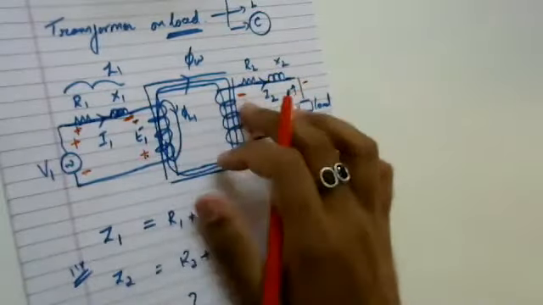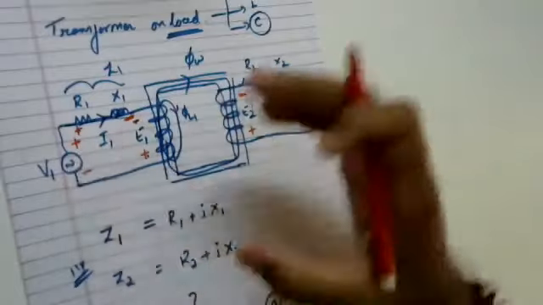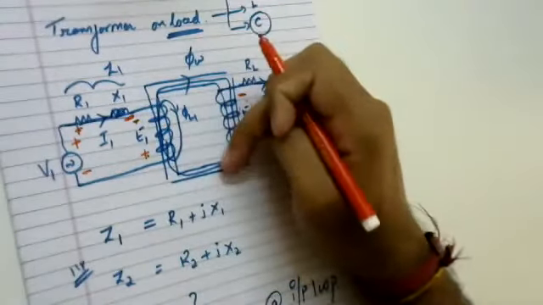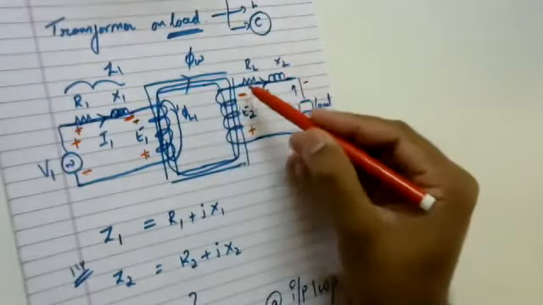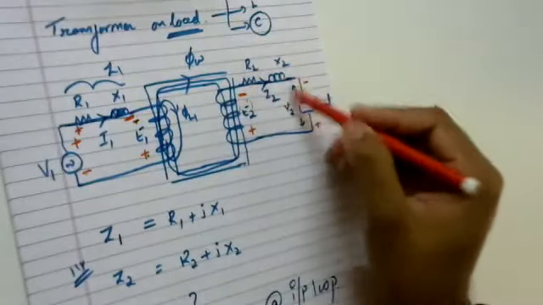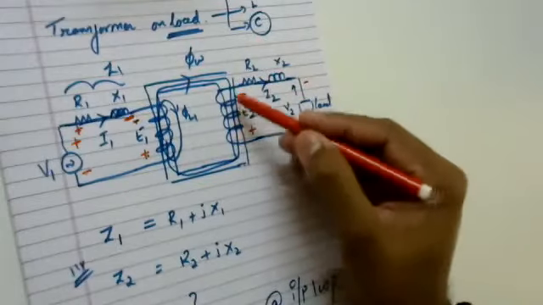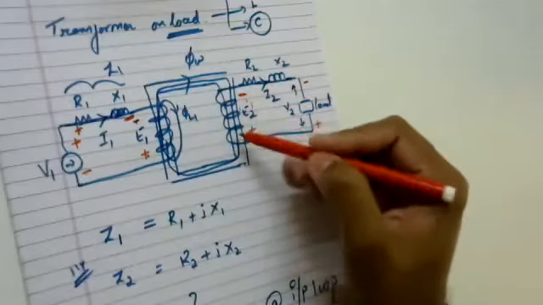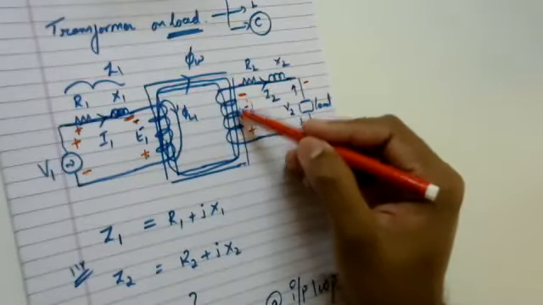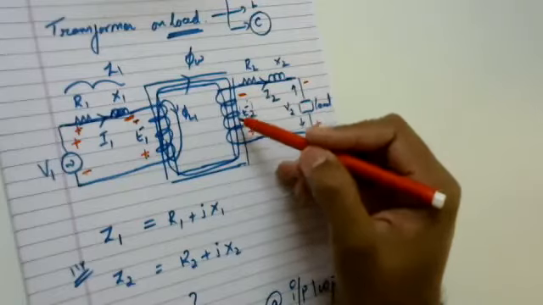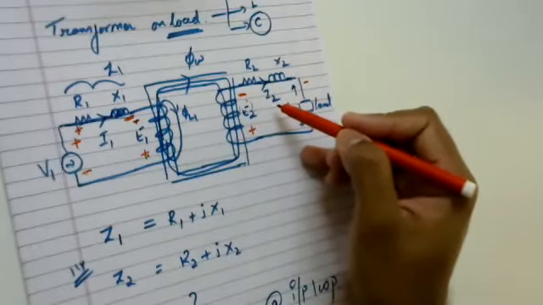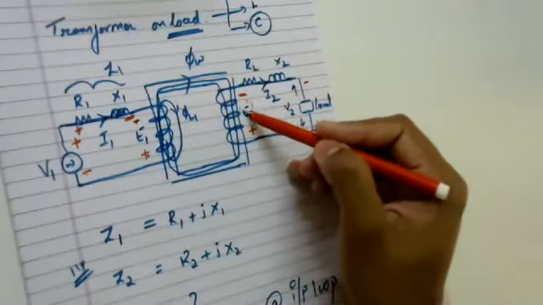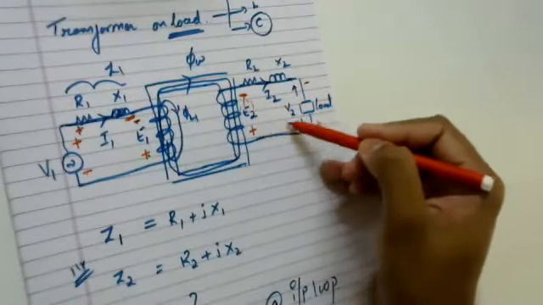These two circuits are electrically isolated, but they are coupled magnetically. So the power source element in the secondary circuit is E2. E2 is a driving element, an active element in the circuit. Since this is negative, positive, the current has to flow from negative to positive like this.